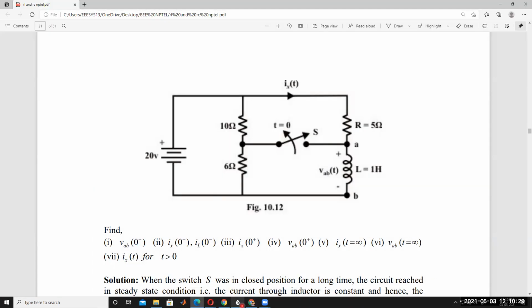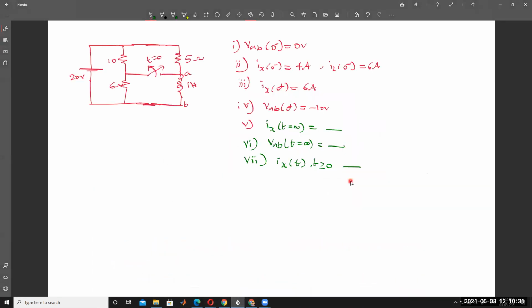So here, under steady state condition, t equals infinity is nothing but steady state.